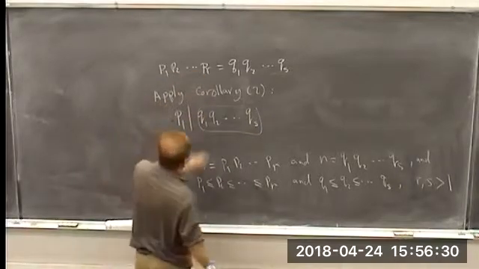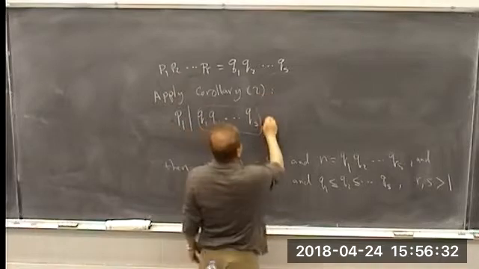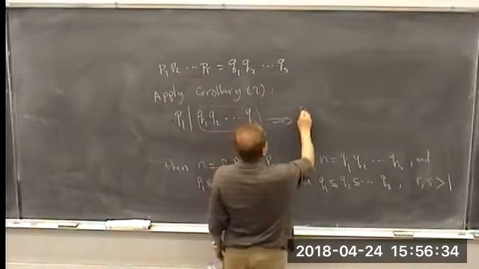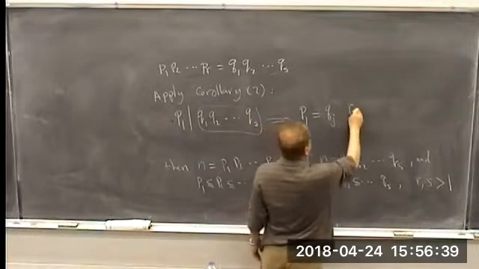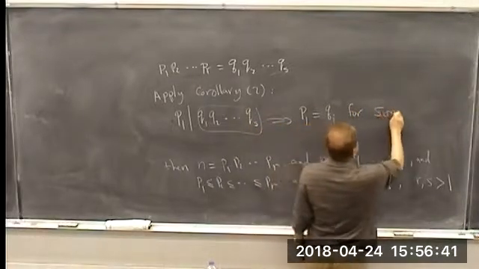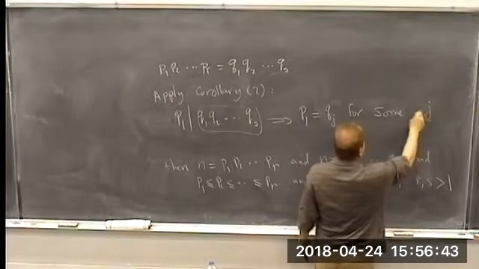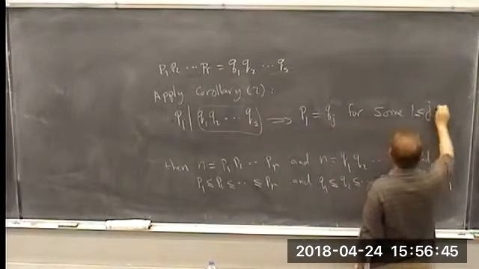By corollary 2, this implies that P1 must equal Q sub j for some j between 1 and s.